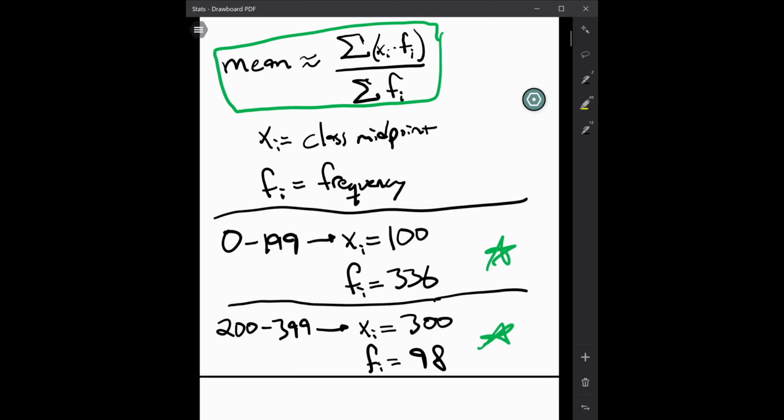The frequency associated to that class is 336. Going on to the next one, 200 to 399. Notice that my midpoint is 300, the middle number between 200 and 399. My frequency, on the other hand, is 98. Now I'll be moving over to Excel in the next video to show you how this looks like in an actual calculation.